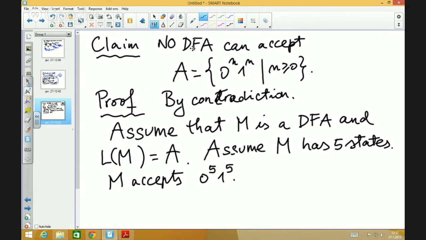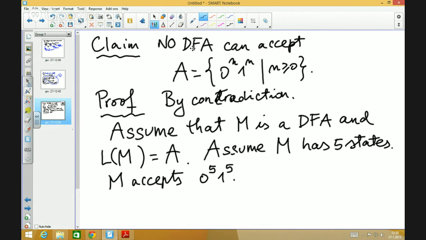Okay, your colleague is saying, I still don't get it, but the answer is probably because there's nothing to get so far. So what is it that you don't get specifically? I'm assuming that M is a DFA that accepts this language. Since M is a DFA, it has a certain number of states. I'm assuming, for the sake of concreteness, that it has 5 states. Then what I do works no matter what you put instead of 5.